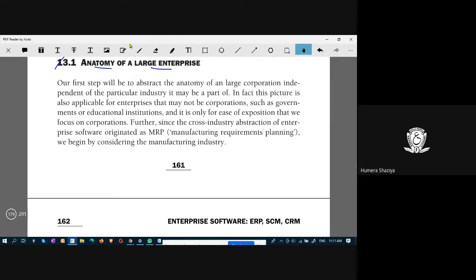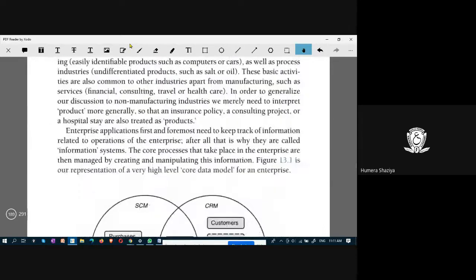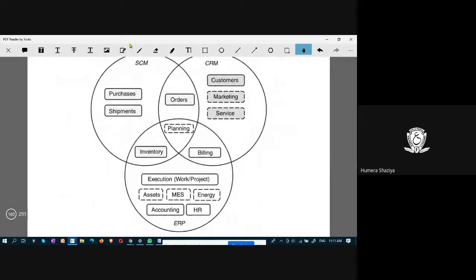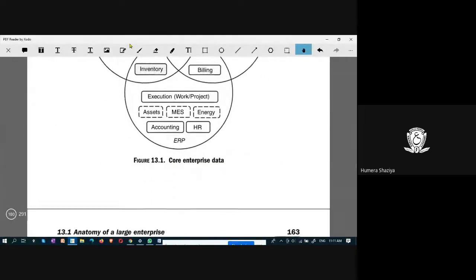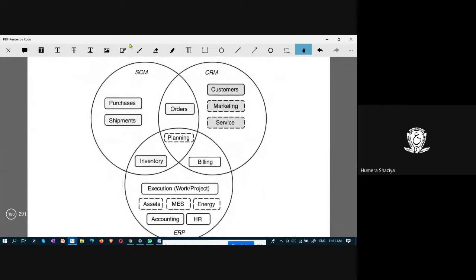There is this figure here, core enterprise data, which includes supply chain management, customer relationship management, and enterprise resource planning. In SCM, the departments might include purchase, shipment.